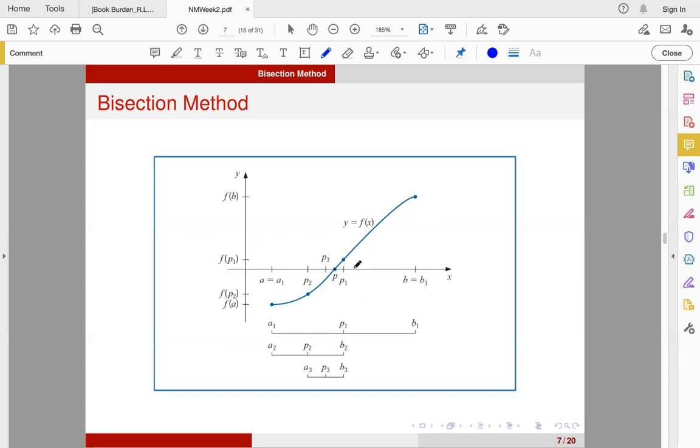So this process continues until you find the value of P. That's the procedure of bisection. It will divide until the interval becomes smaller and smaller until we converge to this value.